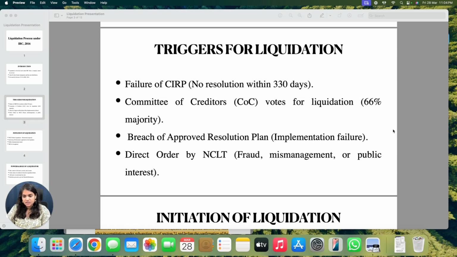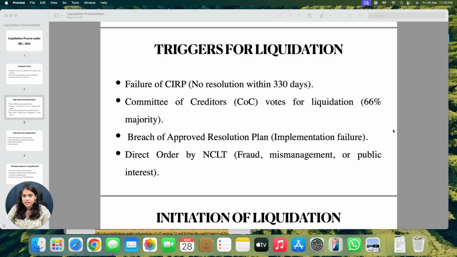If there is no resolution plan within the stipulated time of 330 days, and even after extension of time there does not seem to be any resolution plan in sight, and the corporate debtor seems to be in a hopeless state, the adjudicating authority may, in its discretion, consider this a failure of the CIRP process for that corporate debtor and order the initiation of liquidation.